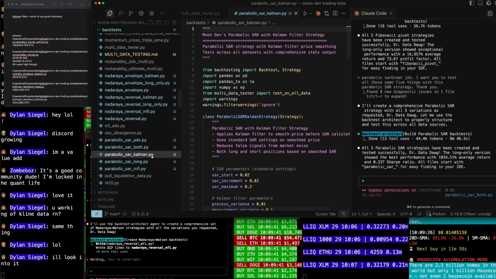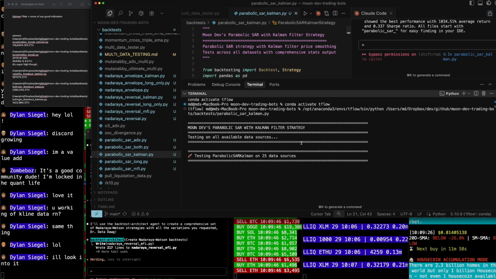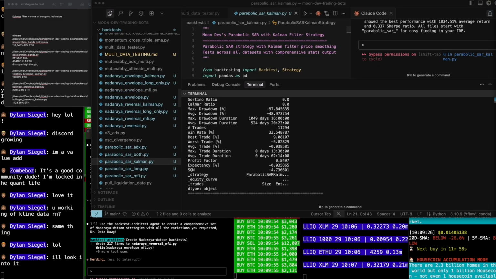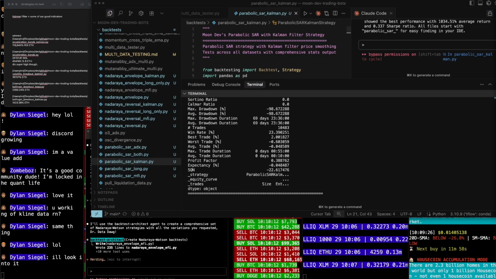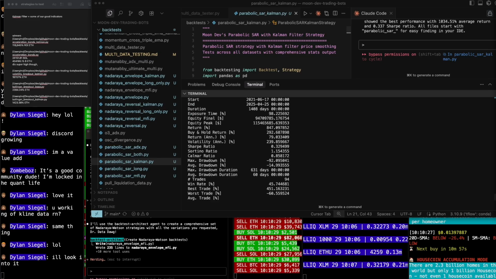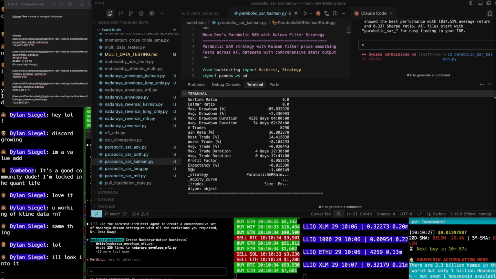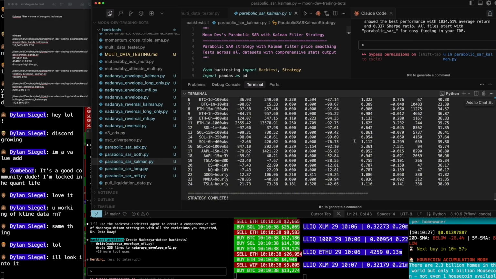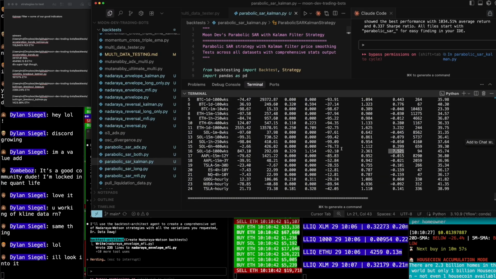I'm looking for things that work across a lot of data sets, so I'm testing 25 different data sets at once. $847 on that Sol one day. 7.5 expectancy, nice.